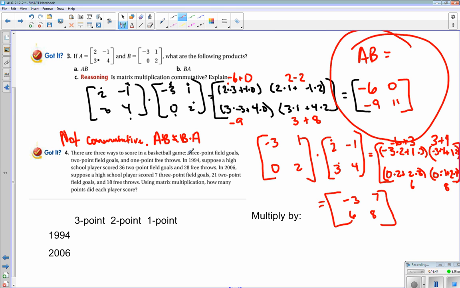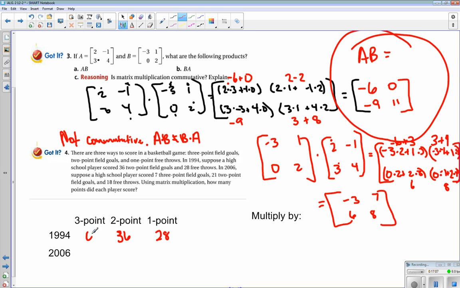There are 3 ways to score in a basketball game: 3-point field goals, 2-point field goals, and 1-point free throws. In 1994, a high school player scored 0 3-point field goals, 36 2-point field goals, and 28 free throws.